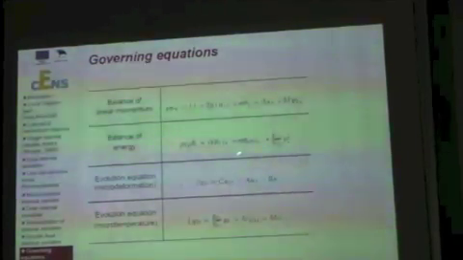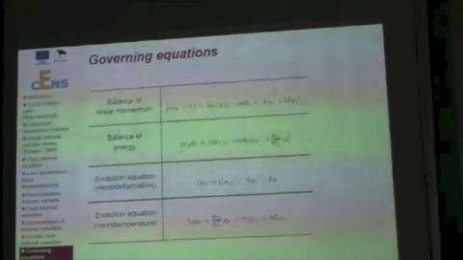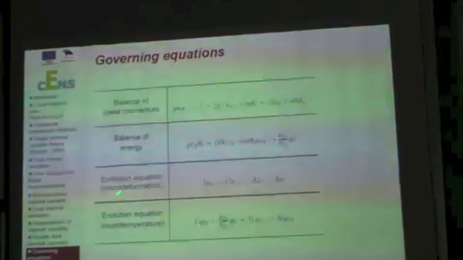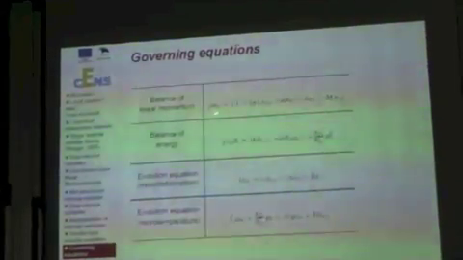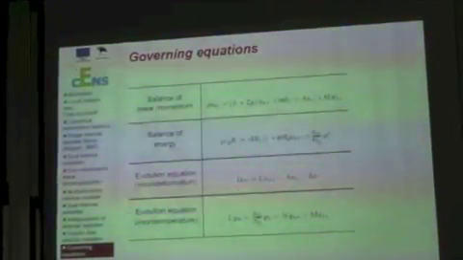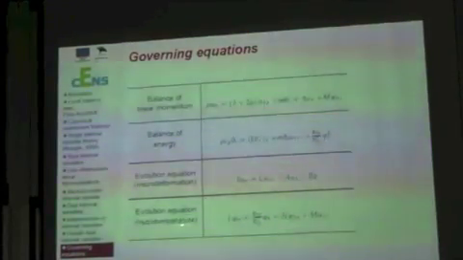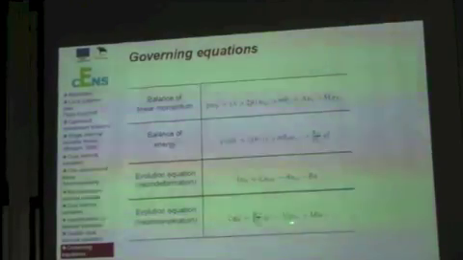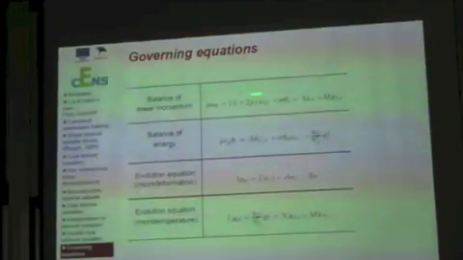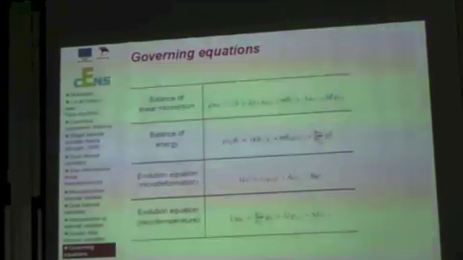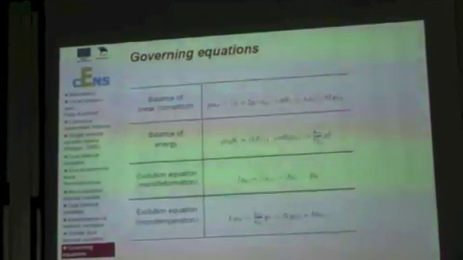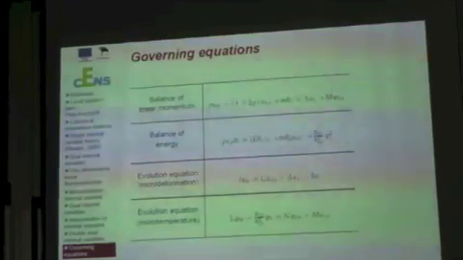The balance of energy has an additional term dependent only on microtemperature. The evolution equation for microdeformation depends on the displacement, and the evolution equation for microtemperature also depends on the displacement. So all these equations are coupled with each other.